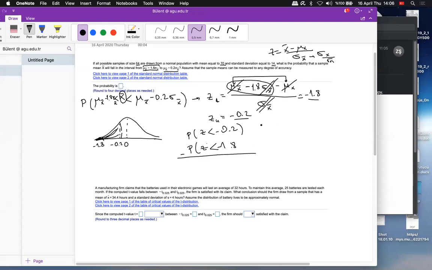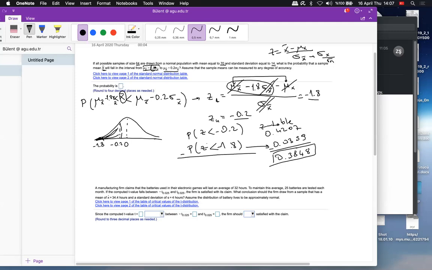So I will take a look at the Z table, and from the Z table, minus 0.2 is going to be 0.42007. This will be from the Z table, 0.0359. So if I take the difference, I will obtain 0.848. Okay, this is going to be the probability of this X bar value being between these two values.